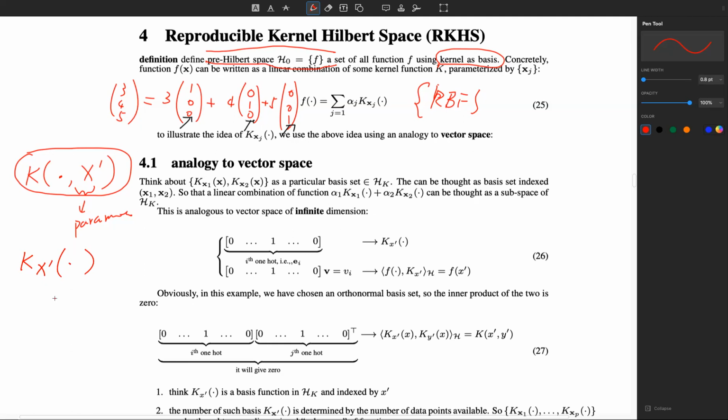This is the same as how you would write things like this. You know, you would usually say K of X, and that's the usual way of writing it. But just to avoid confusion, I'm not going to name any variables. I'm just going to write a dot in here.